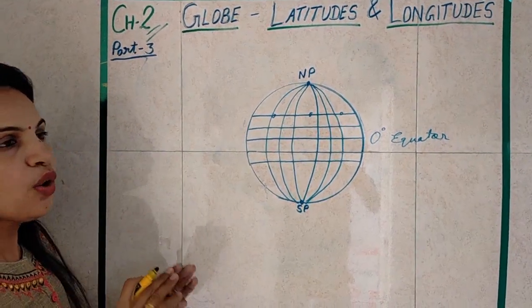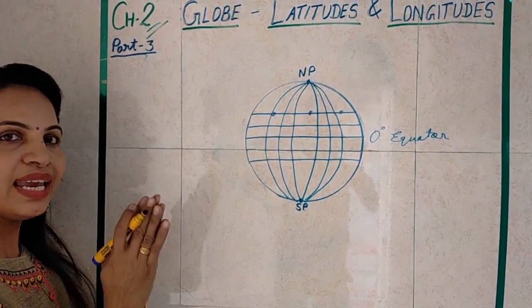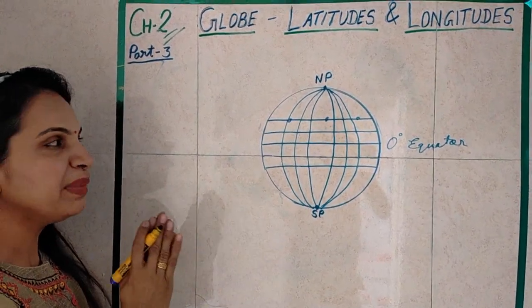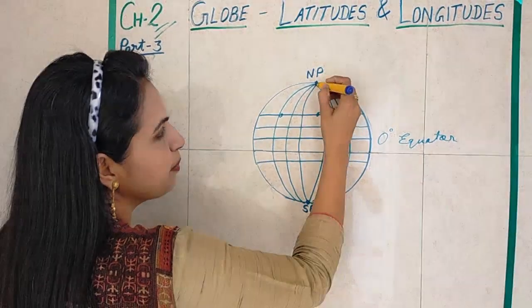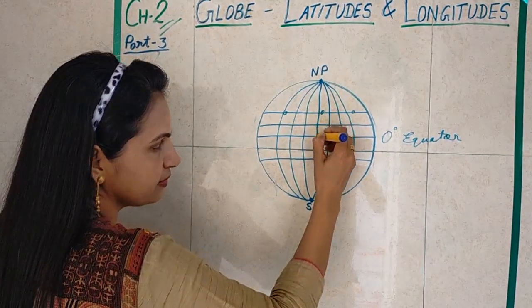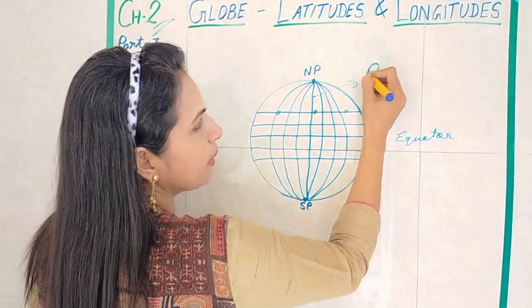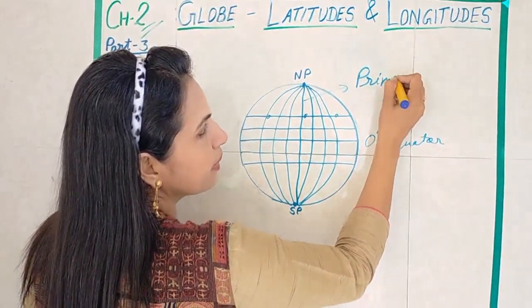Then, students, all the countries agreed to count longitude from the main longitude, which is known as the prime meridian. So the name of the main longitude is the prime meridian.